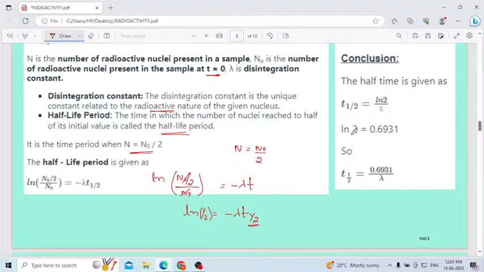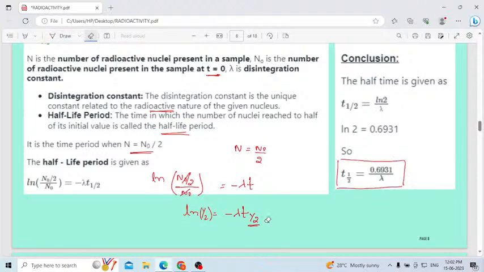Then ln 2, its value is 0.6931. So T half will be 0.6931 divided by lambda. This is the value of T half.